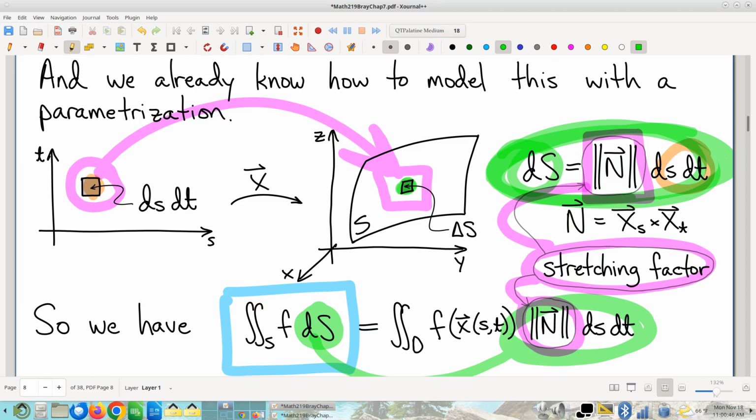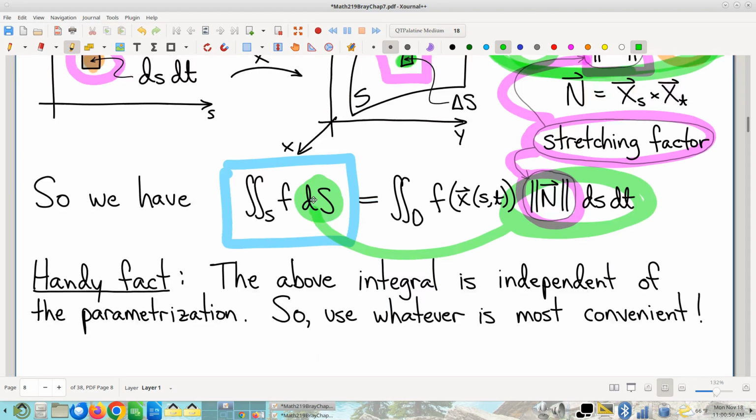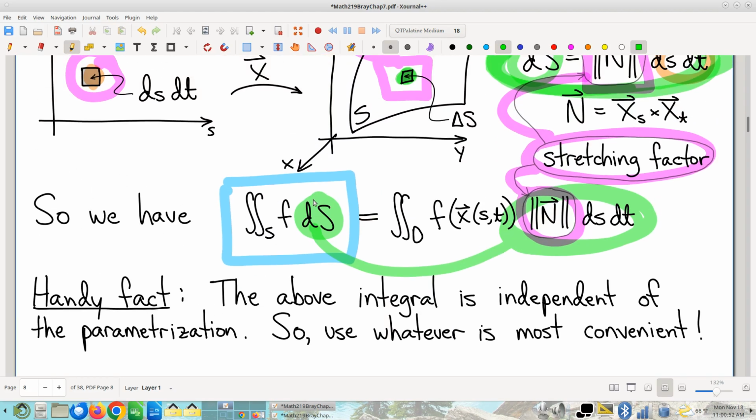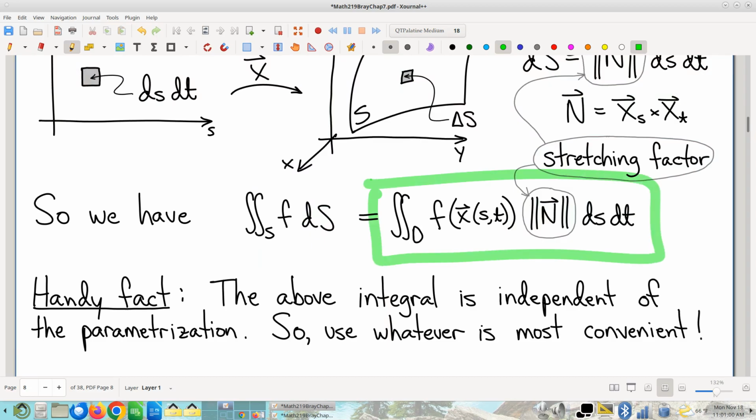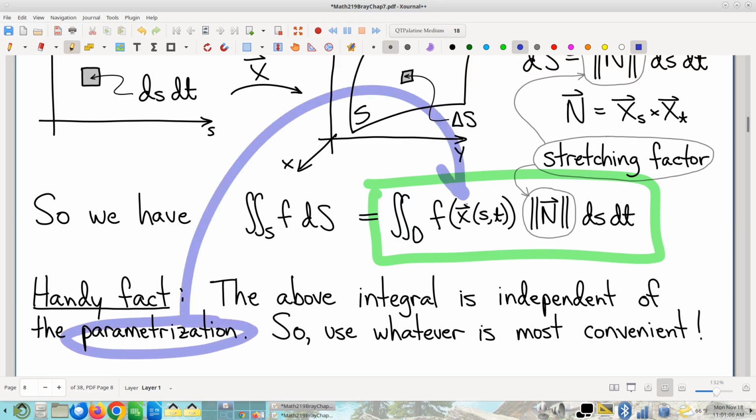Okay. All right. Let's see, where am I? Here we go. So again, a real quick observation: you look at this formula here for how we compute our scalar surface integral, and there is some concern initially, because I see my parameterization there. This formula seems to depend on the parameterization.